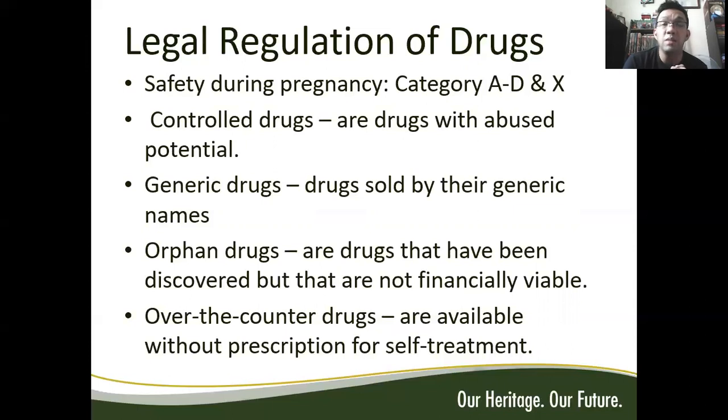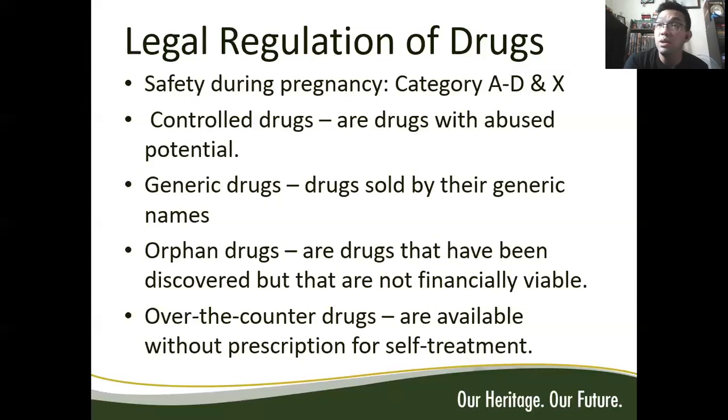TB or pulmonary TB is very common around the world, so there's a market for it. But if a drug was invented for the treatment of a rare disease, those drugs will be labeled as orphan drugs because they're not financially viable. Only a small amount of the population has this rare disease. And of course, drug companies are not going to market it if it is not financially viable.